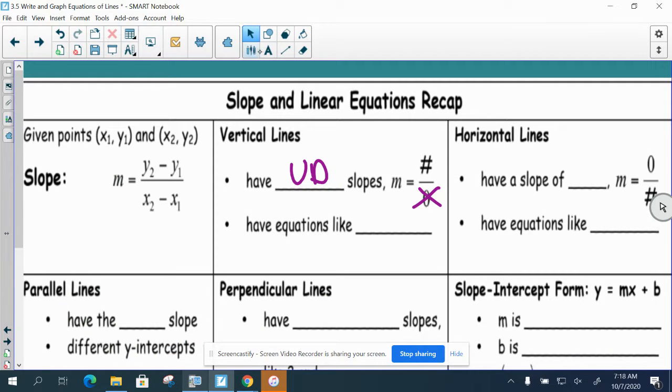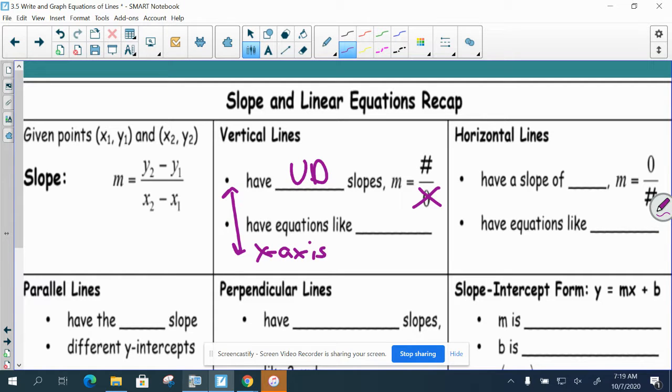And then the equations: the vertical lines go like this, and they cut through the x-axis. They never go through the y-axis unless they are actually on the y-axis. So their equation, if they cut through the x-axis, is x equals whatever number it cuts through.